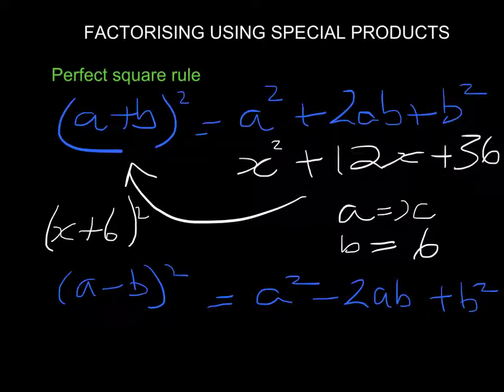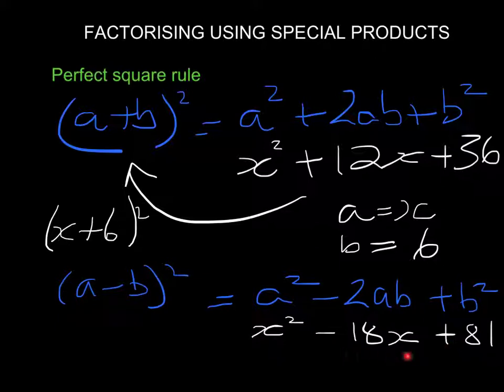So, if I've got x squared minus 18x plus 81, I can figure out what my a and b are in terms of what I've got right here, because I know that the square root of this is 9.